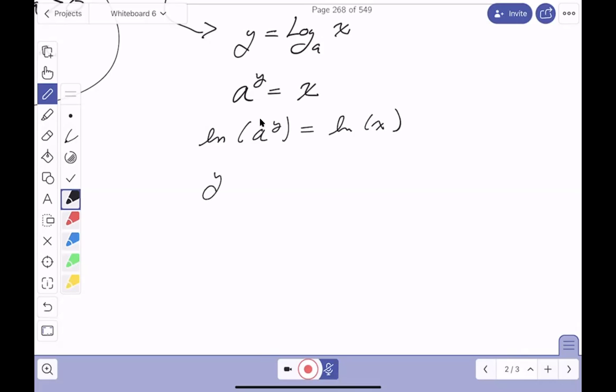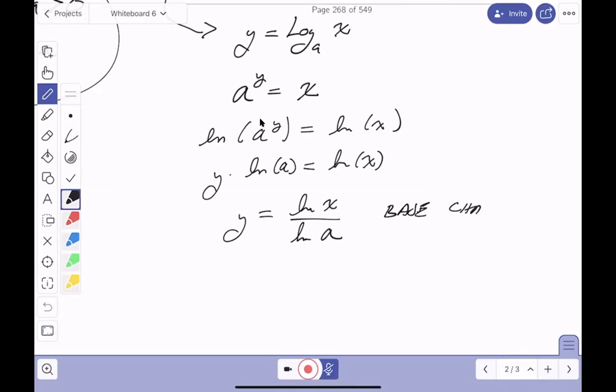The y comes down. These are rules of logs. You've seen this before. What do you get? y is the natural log of x divided by the natural log of a. This in 119 was called a base change formula.